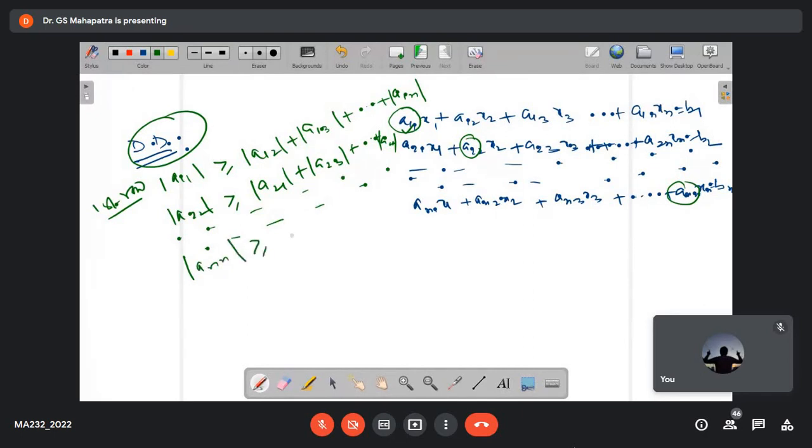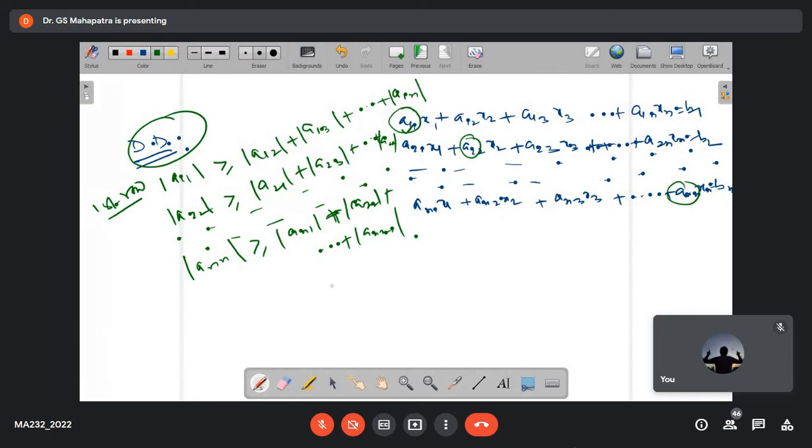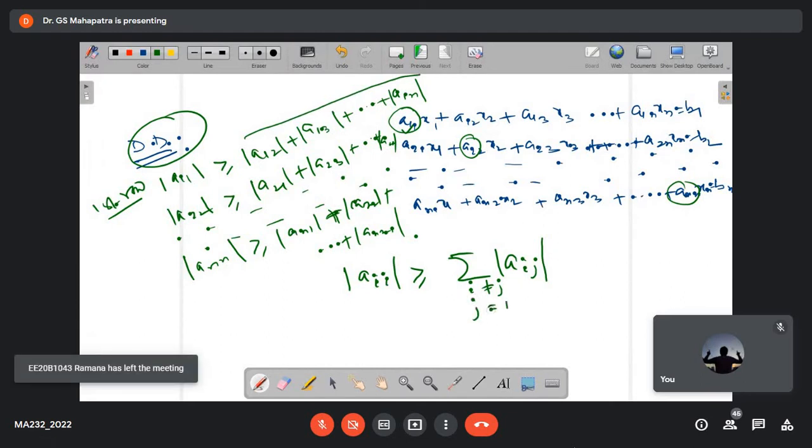Clear? In mathematical form, modulus of Aii is greater than or equal to the sum of modulus of Aij, where j is not equal to i. On the right hand side there is no Aii. And j goes from 1 to n.